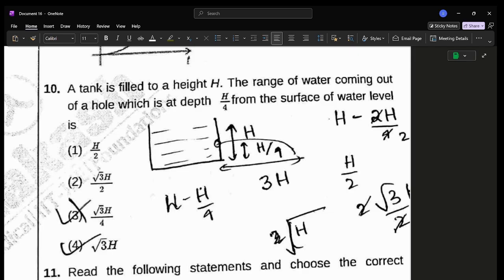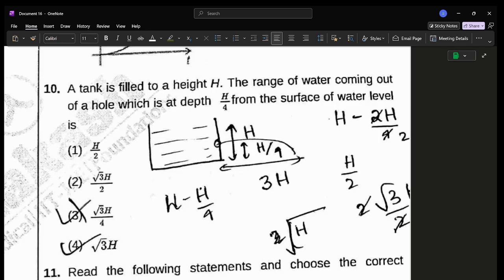So if you're finding the range, there is a direct formula which you can apply, which is R is equal to 2 root small h of capital H minus small h, which is 2 into root of 3h by 4 and h minus 3h by 4.